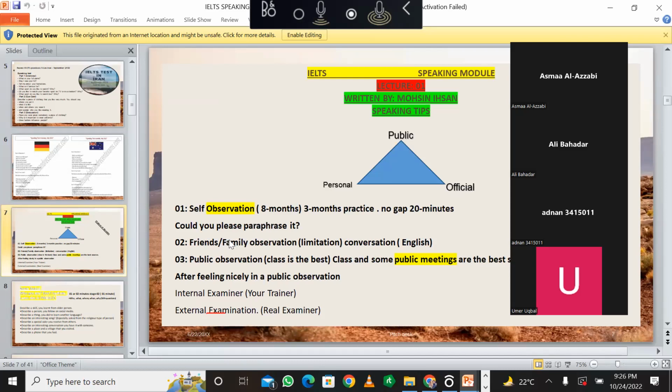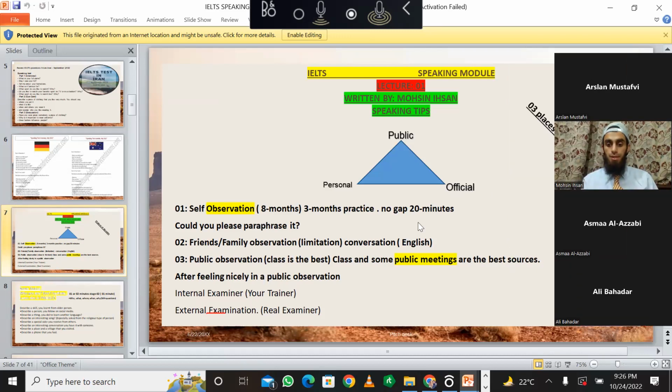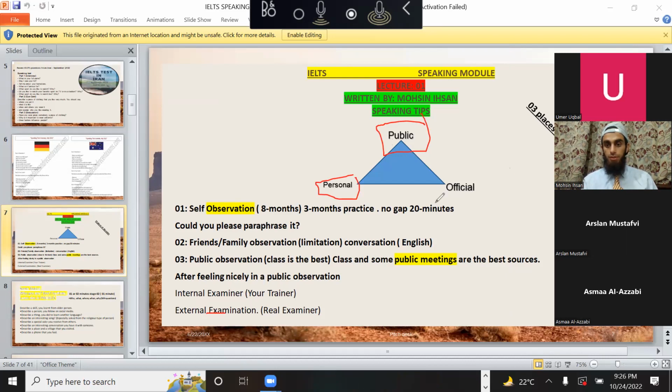Yes. Okay, guys, the first thing that is important in improving your speaking skills is these three backgrounds: personal, public, official. Now, how personal? Whenever you think something, whenever you make your schedule, whenever you make any pattern for yourself, whatever you think in the morning, just think all those thoughts in English language, right?